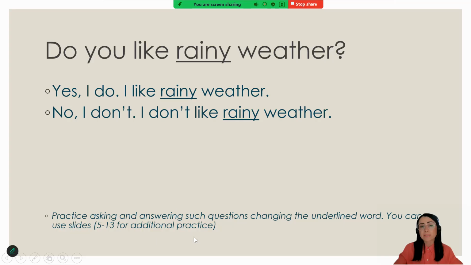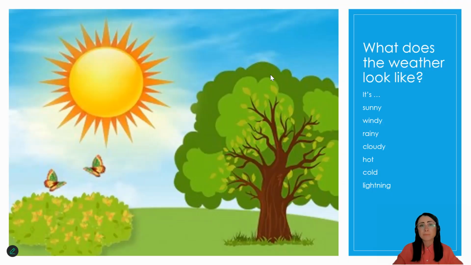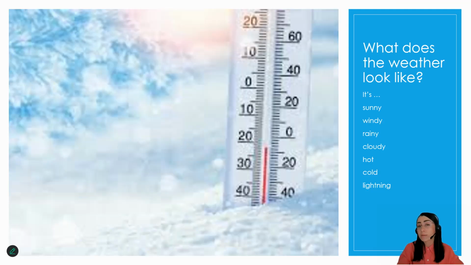Now let's practice. I will ask you different questions about different types of weather, and your task is to answer those questions. For example, do you like sunny weather? Yes, I do. No, I don't. Do you like sunny weather? Do you like cold weather?